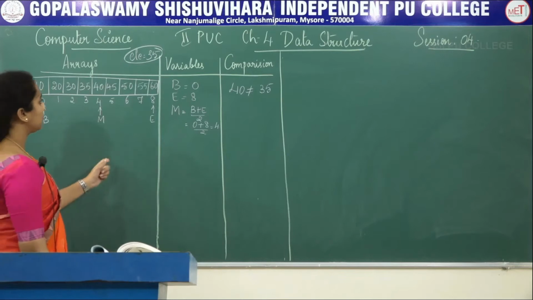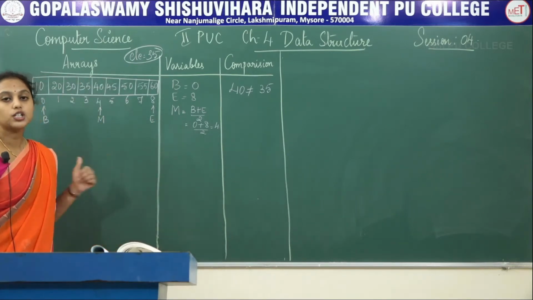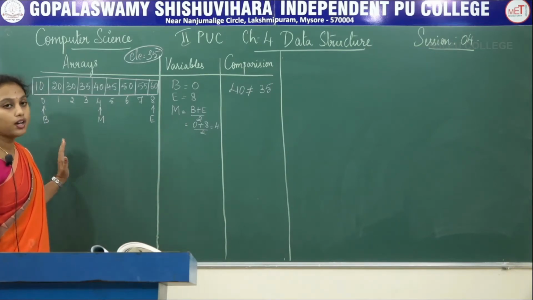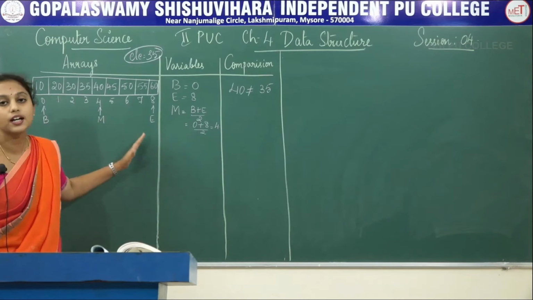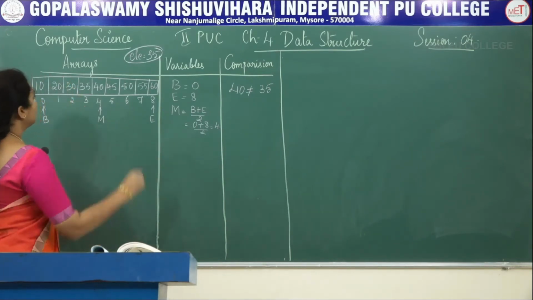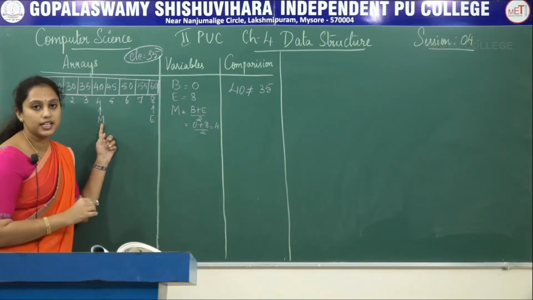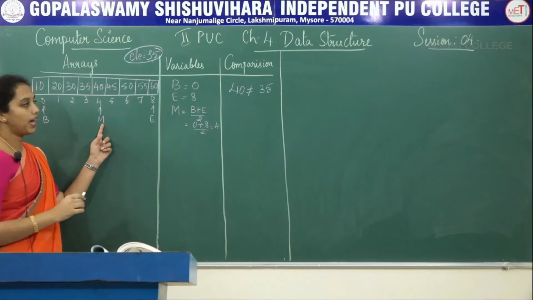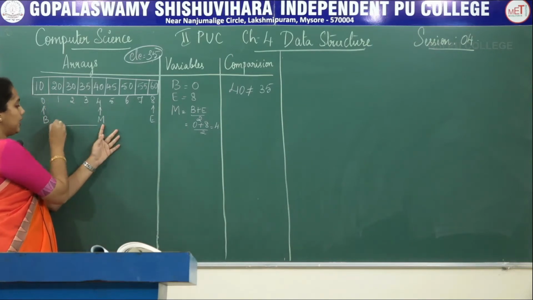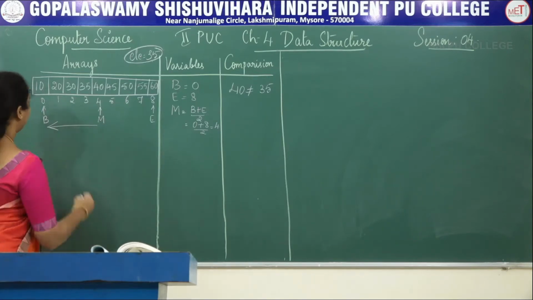If the search element is less than the middle element, then we have to search towards the left of the array, or else towards the right side of the array. So 35 is less than the middle element 40. Hence we have to search towards the left of the array.